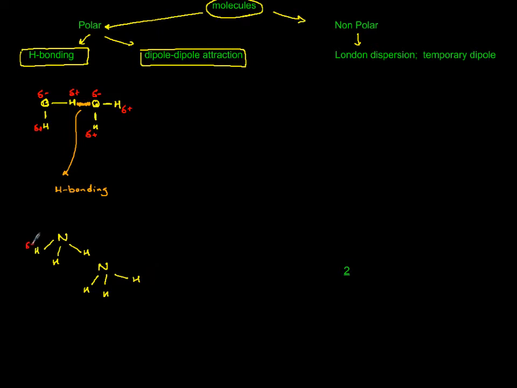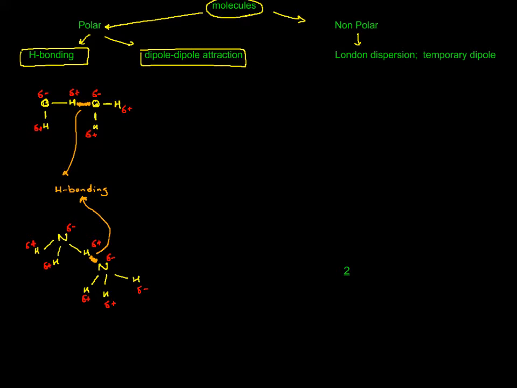So these hydrogens are slightly positive, and nitrogen is very negative, very electronegative and small. And what happens is we are going to form a hydrogen bonding between this nitrogen and this hydrogen here. So the molecules stick to each other, their boiling point goes up. So relatively, hydrogen bonding is very strong.